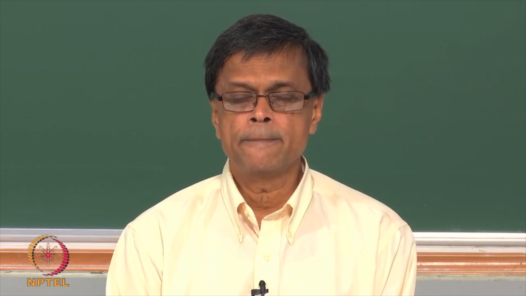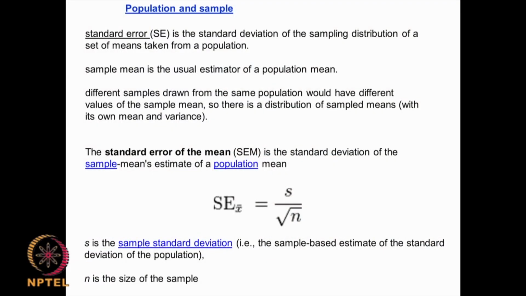The means of the samples are a representation of the population mean, and the means will be distributed in a normal way, and there is going to be a standard deviation associated with that. So, from that standard deviation we should be able to get the overall estimate of the standard deviation.